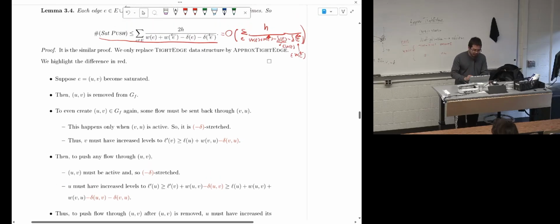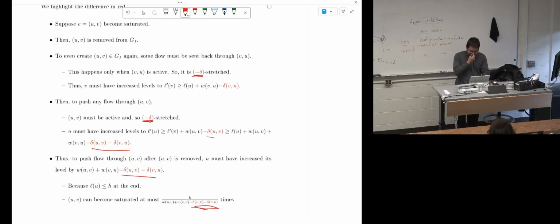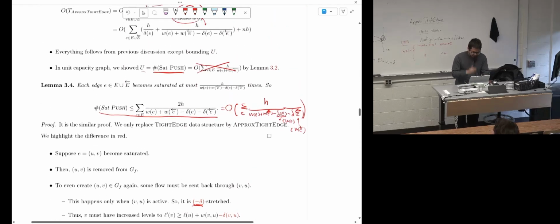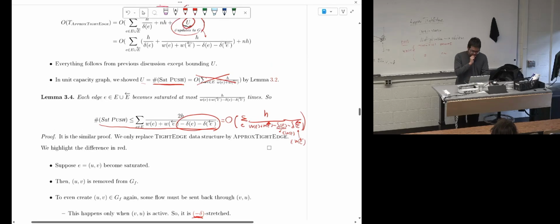It's the same proof, but once you are careful about things being stretched, this additive error of the stretch, then you need to put this term here everywhere and you get this thing. Anyway, it's the same proof. It's just a thing that I missed, but it doesn't matter in application.